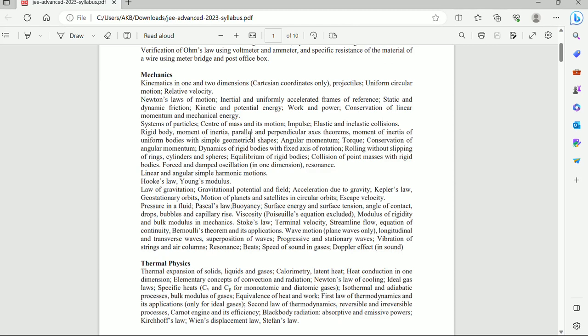You can see on screen Hooke's law, Young's modulus, law of gravitation, gravitational potential and field, acceleration due to gravity, Kepler's laws, buoyancy, conservation of angular momentum. There are so many topics that have to be covered in the syllabus of mechanics.